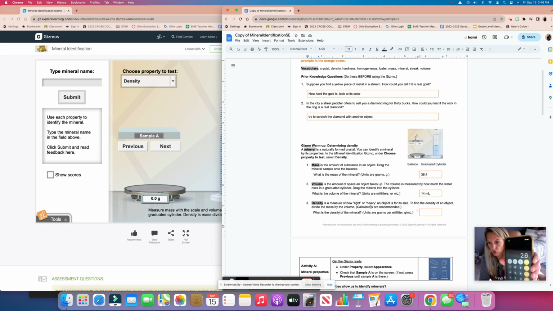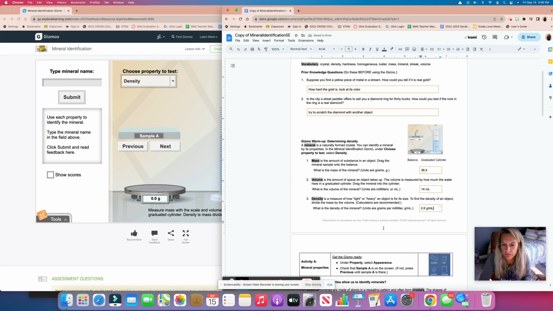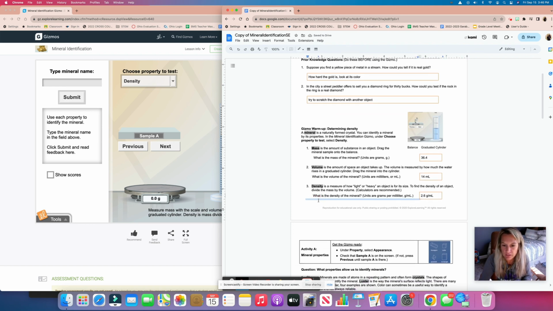What I get is 2.6. So the density of this particular mineral is 2.6 grams per milliliter. That's how you get density. Density is mass divided by volume, M divided by V.